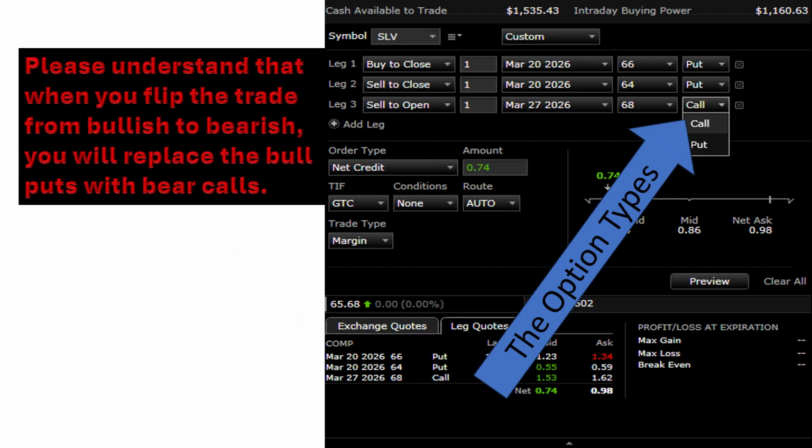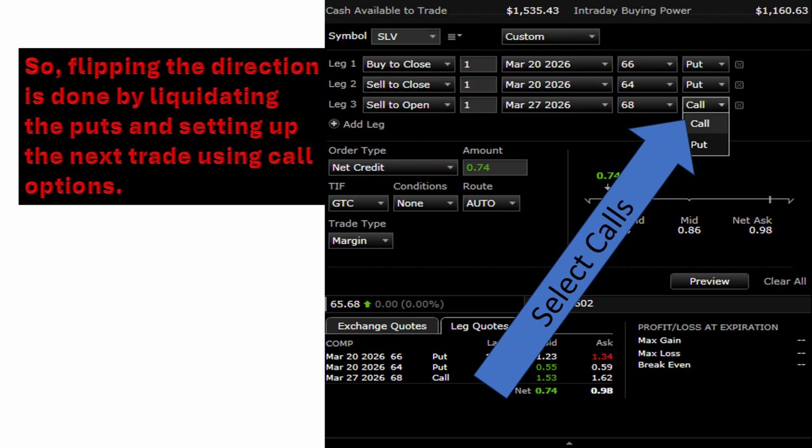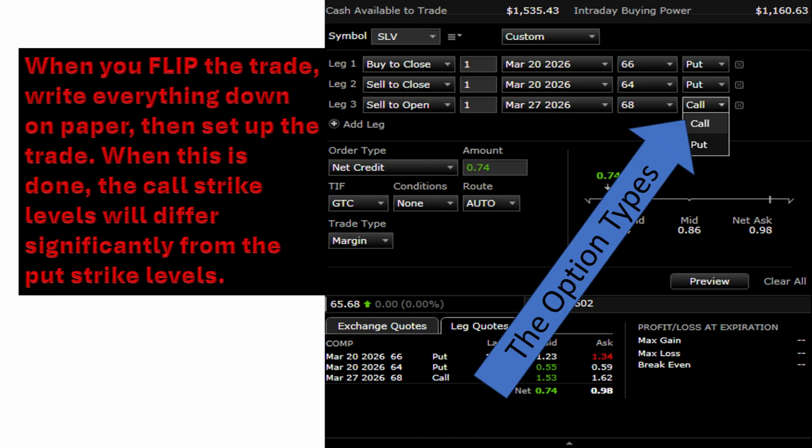Please understand that when you flip the trade from bullish to bearish, you will replace the bull puts with bear calls. So flipping the direction is done by liquidating the puts and setting up the next trade using call options. When you flip the trade, write everything down on paper.